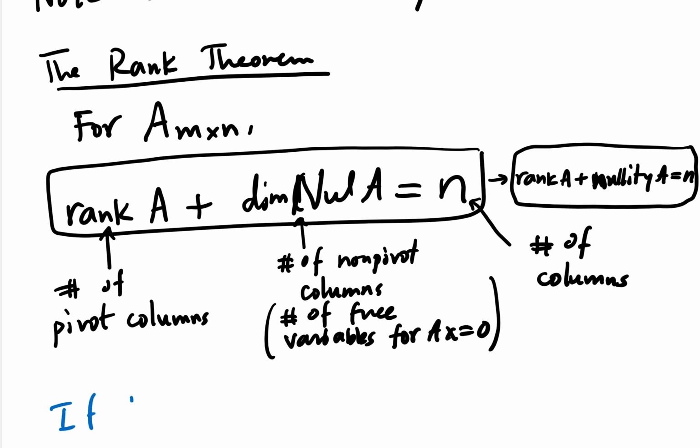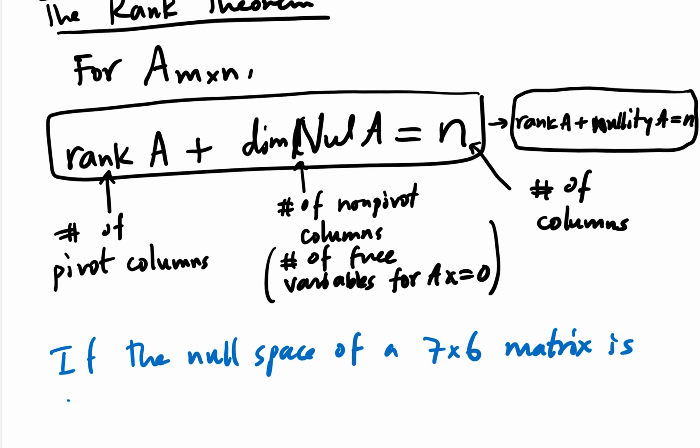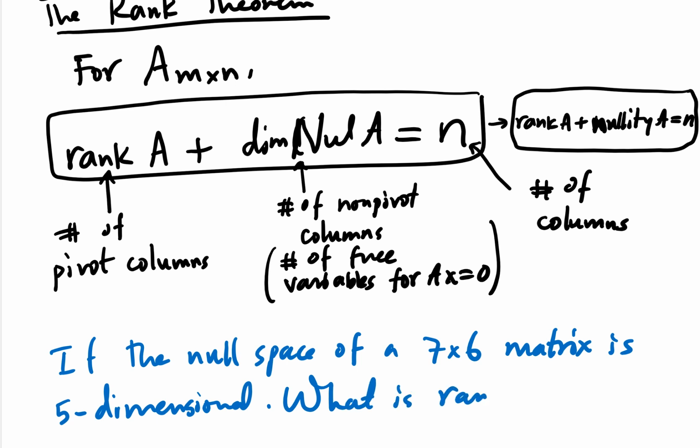If the null space of a 7 by 6 matrix A is 5-dimensional, what is the rank of A?